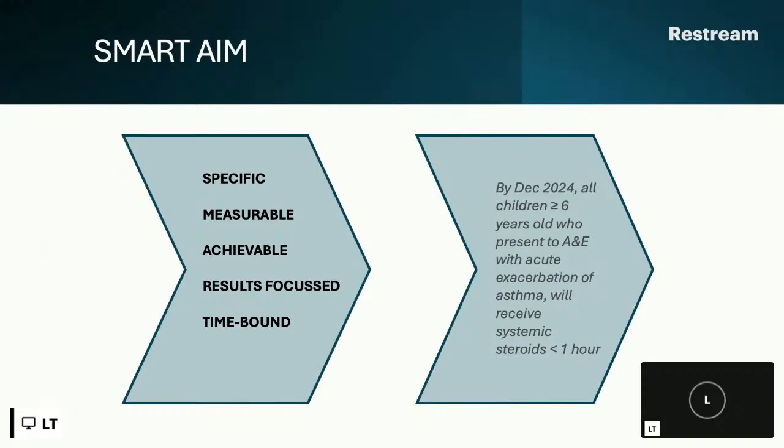So you can see that it is a SMART aim because it's clear, it's measurable, it's realistic, and it has a deadline of December 2024. And normally we like to put a QI within 3 to 6 months because it's just more realistic for rotation.